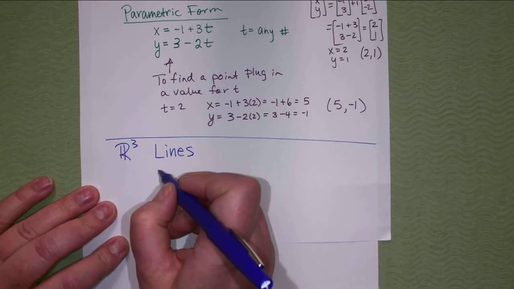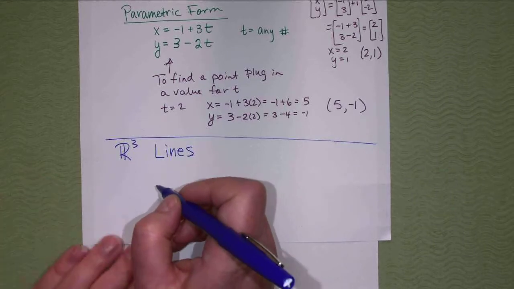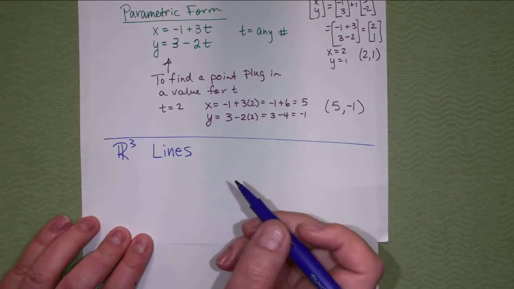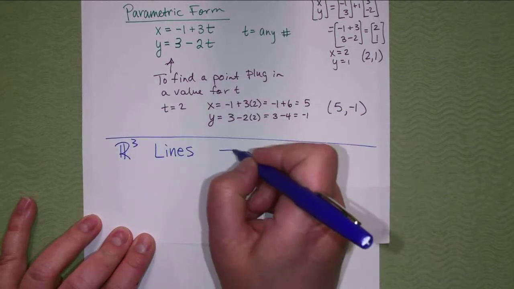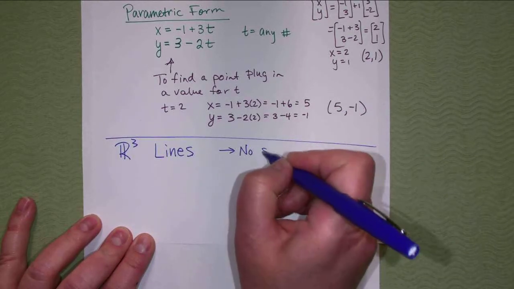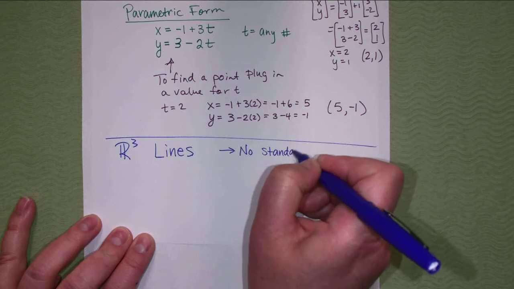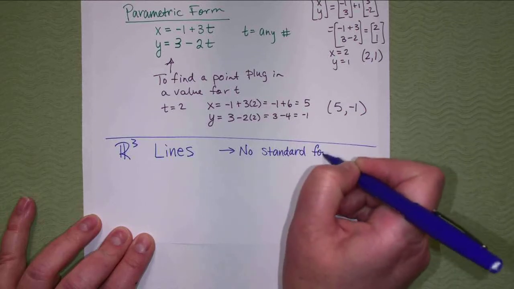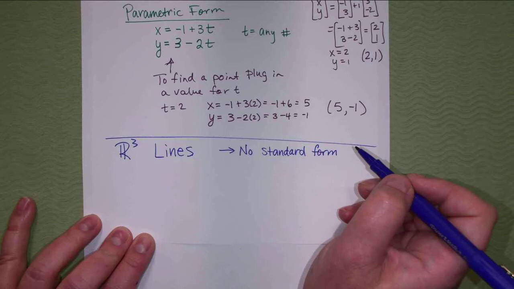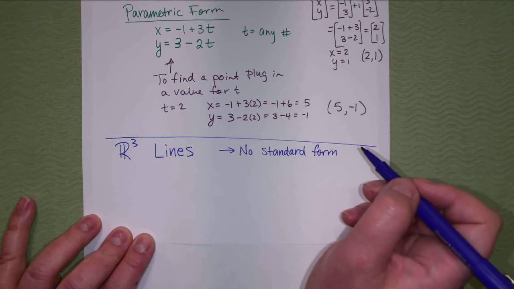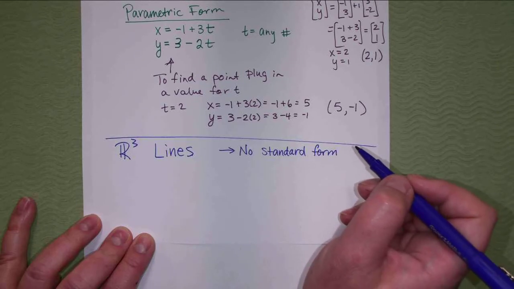So, for a line in R3, there's no such thing as standard form. If you're talking in R3, in 3 dimensions, and the equation has just 2 letters in it, like x and y, it's actually a plane.